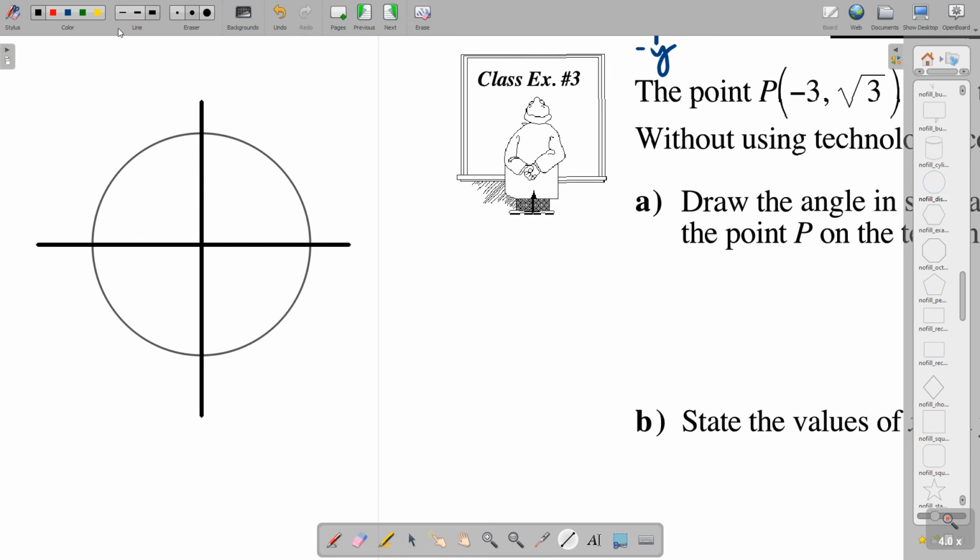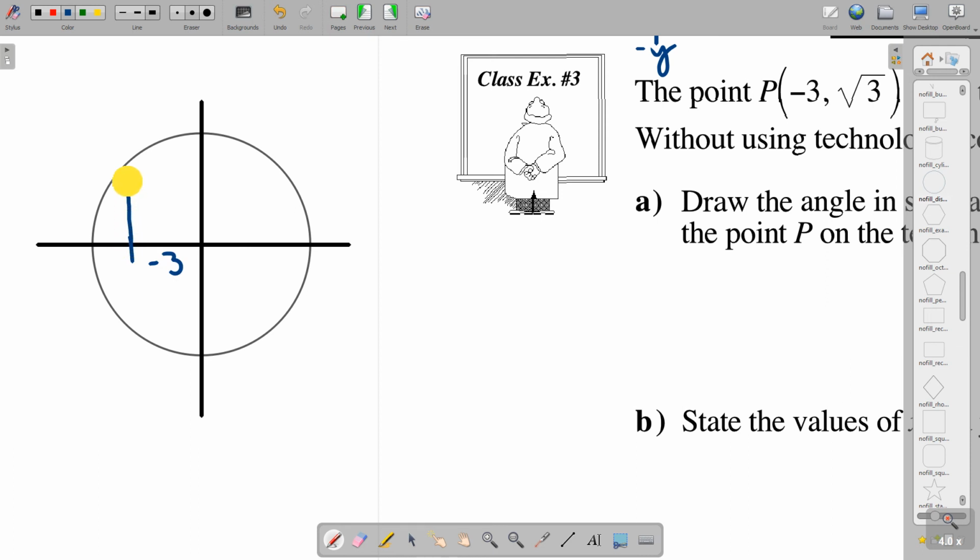Now, the coordinate happens to be negative 3. That's somewhere over here. Negative 3 is somewhere right here. I should probably switch to my actual pen tool here.